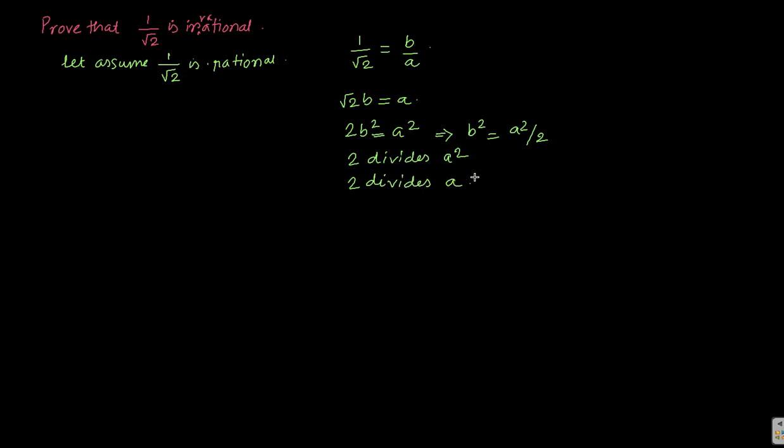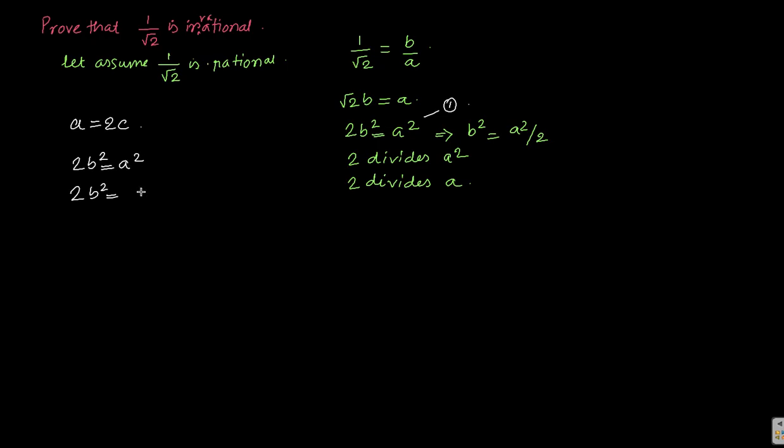Now we have to prove that 2 divides b also. Let's assume a is equal to 2c. Now this is your equation number 1. So in equation number 1, put a is equal to 2c. So 2b square is equal to a square. We put a equal to 2c in a square.